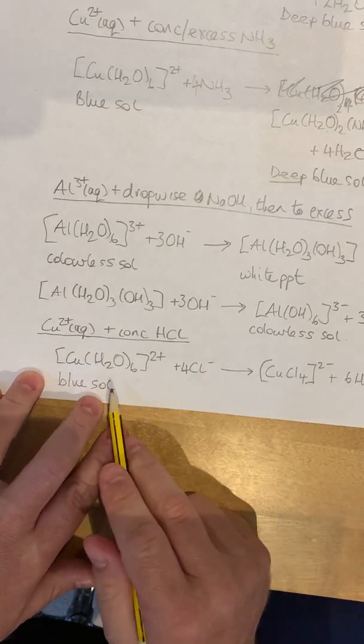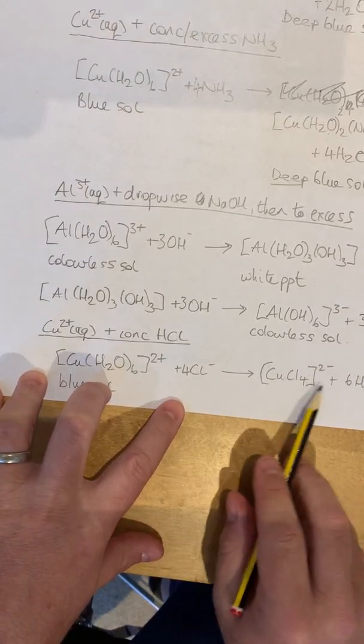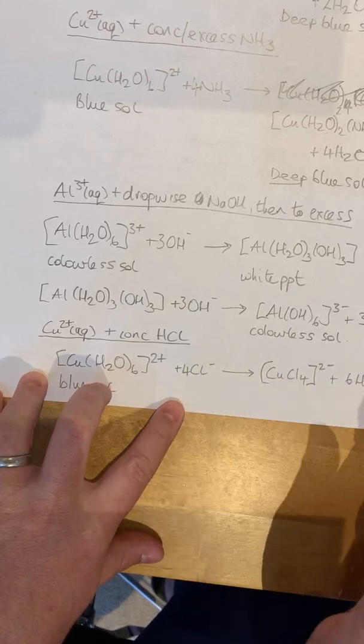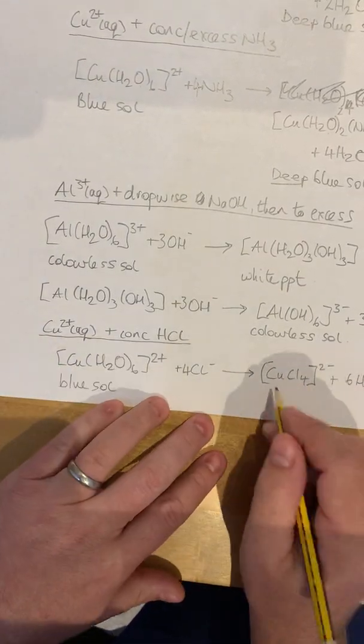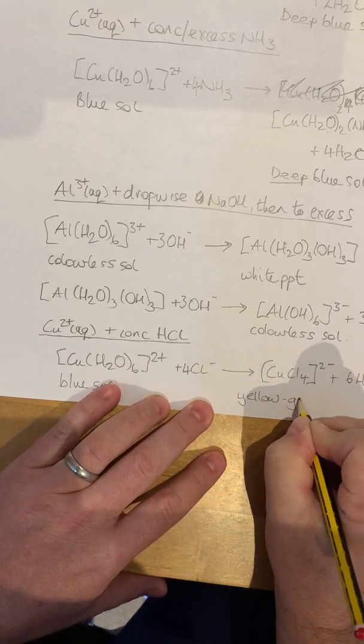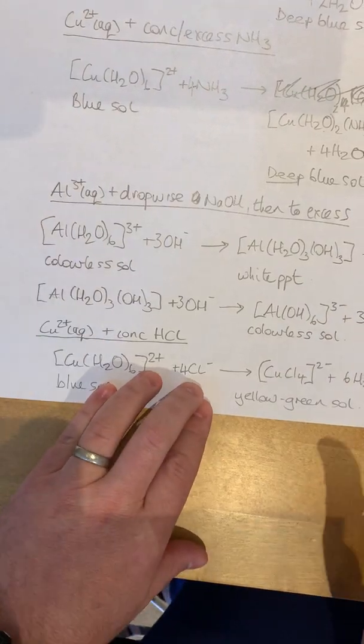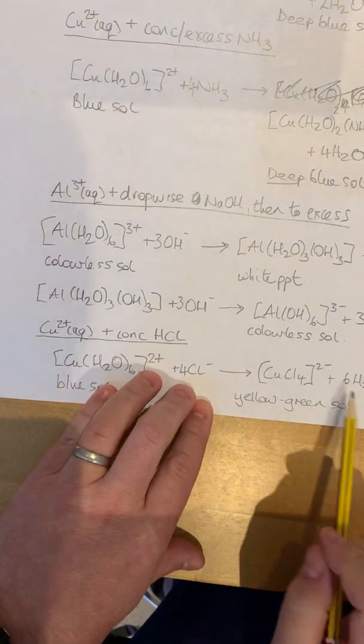But then the observation, I'd be very unhappy if a question ever came up regarding the colour of that, because this should be off the syllabus, but it does form a yellow-green solution. Looks like predator blood out of the films, but anyway.